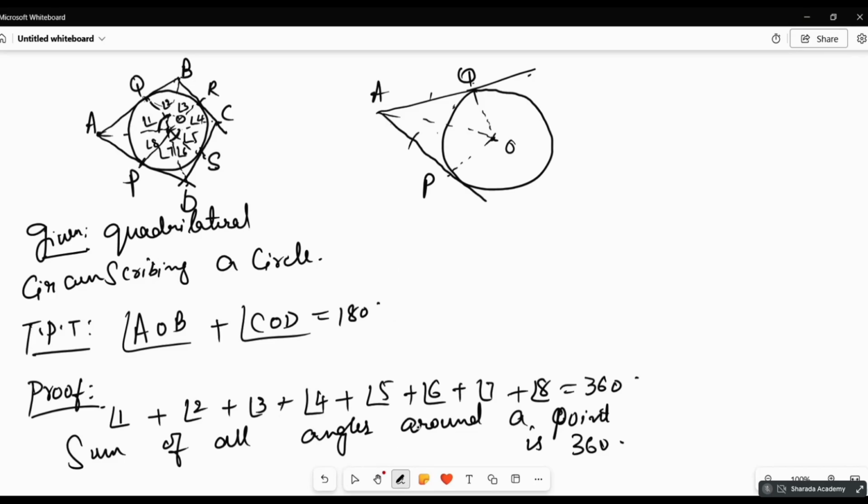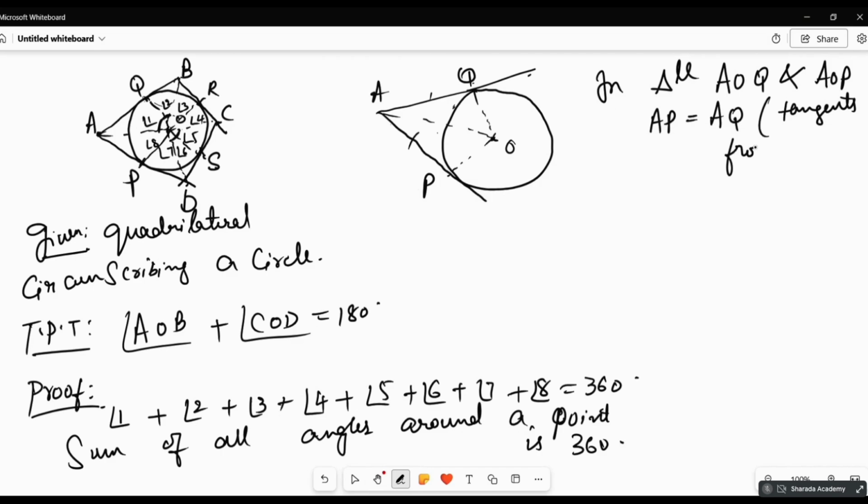Okay, so write that. In triangle AOQ and AOP, what you will get: AP is equal to AQ, because of the same reason, tangents from an external point are equal. Then OA is equal to OA, OQ is equal to OP because the radii of the same circle.